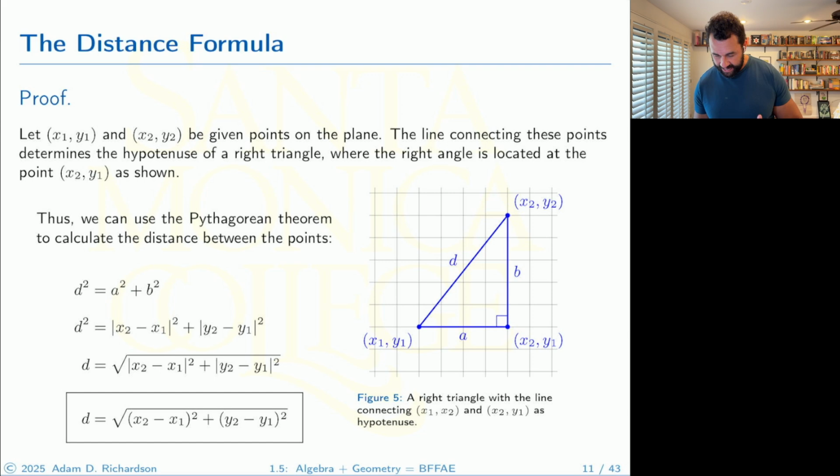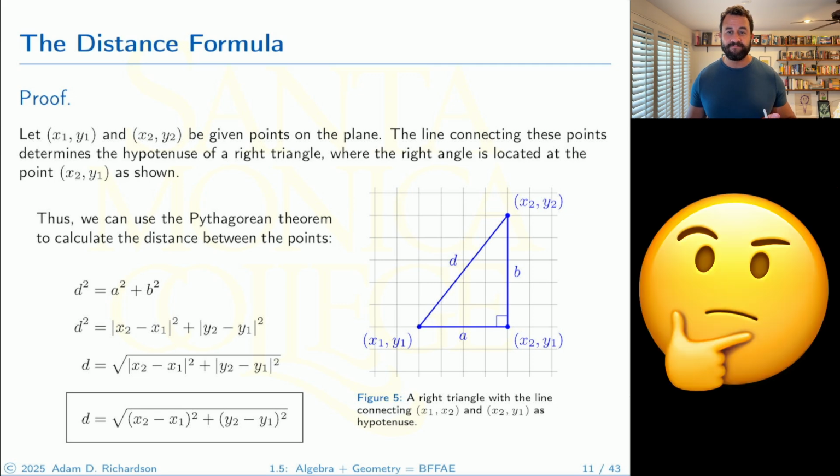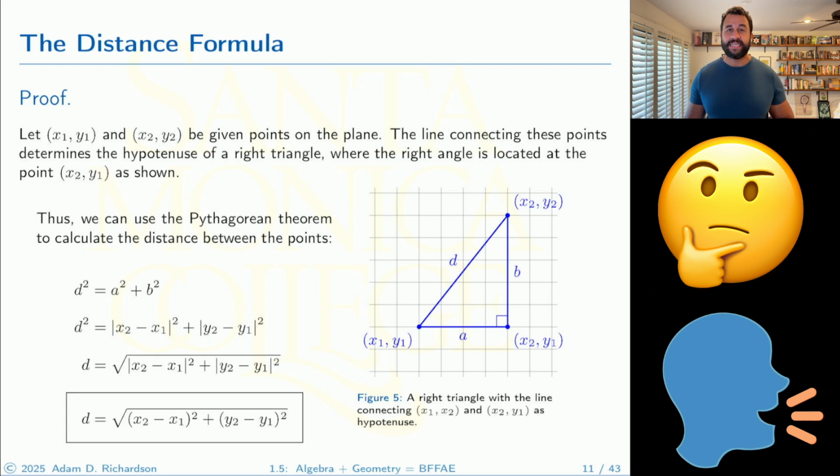Remember, a is the length of this line segment, so it's the distance between these 2 points. Now, how do you find the distance between 2 points? Hmm. Does that sound familiar? How do you describe the distance between 2 points? Think about it. We talked about it before. Okay, say something out loud. What is the distance between the 2 points?